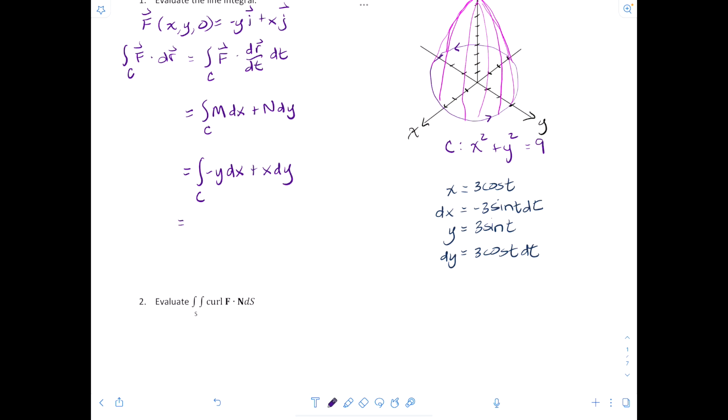So this will give us the integral from 0 to 2π of −y dx, which is −3 sin t times −3 sin t dt, and then x, which was 3 cos t, times dy, which is 3 cos t dt.